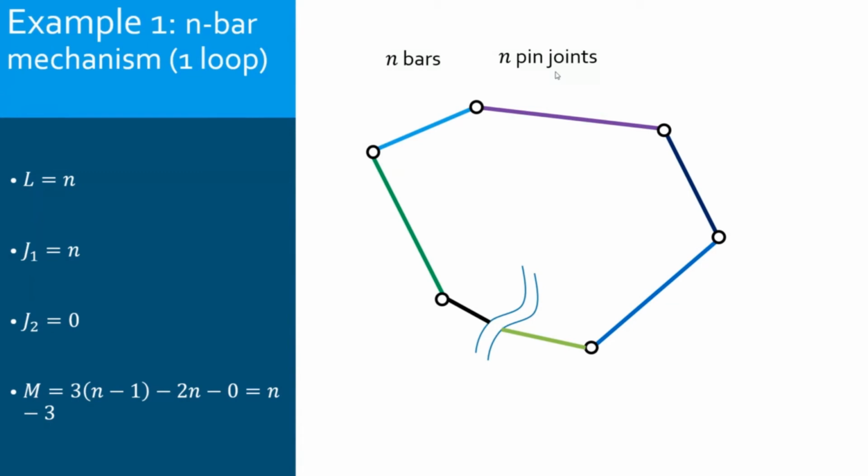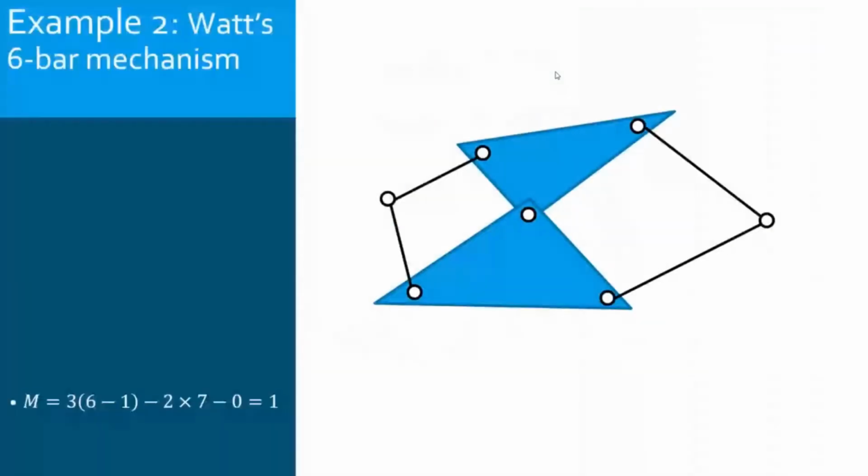Substituting, m equals 3 times (n minus 1) minus 2 times n minus 0. 3n minus 2n gives n, and I have the minus 3. So in all, I have n minus 3 as the degree of freedom. Now let's move to this example. The solution is here.